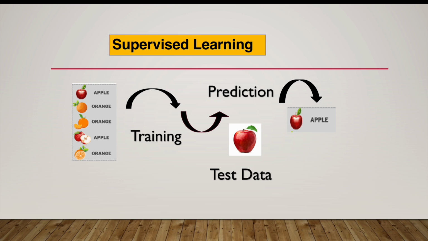It will be able to identify, okay, these features are similar to the shape of an apple, so this picture would be of an apple. In the same way it will be able to recognize images, it can be anything. So in supervised learning we provide the labels along with the data set.